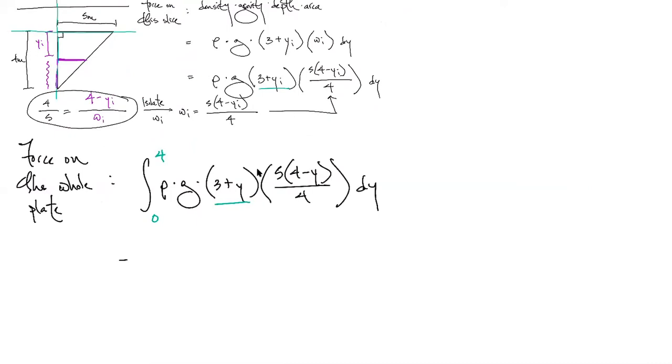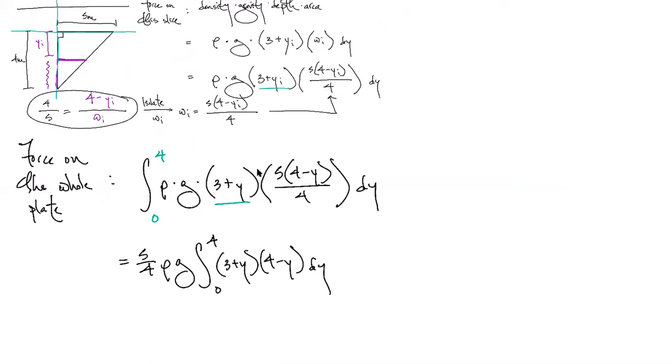So as we are integrating, the 5/4 can come out to the front, the rho can come out to the front, the g can come out to the front. Then I'm left with the integral from 0 to 4 of 3 plus y times 4 minus y. Okay, so as gross as that intermediate step looked, once we pull out all the constants, it's actually just foiling, power rule, and that's it.